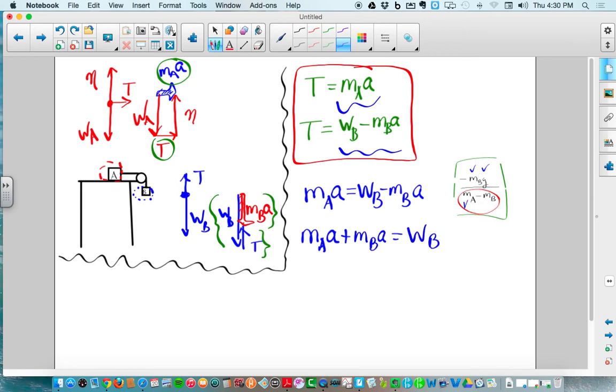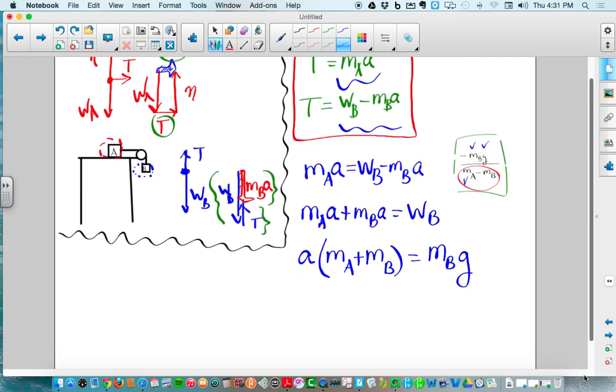Okay? And then the acceleration can be factored out, and you have mass of object A plus mass of object B, right? And that's equal to the weight of object B, which is basically the mass of object B times the gravity field strength of the planet you're on.